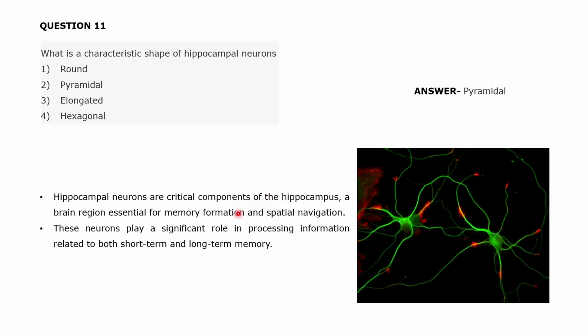Hippocampal neurons are needed for memory formation, learning, as well as navigation, understanding what direction you are going. Memory formation relates to both short-term and long-term memory, and it is used in studying neurodegenerative disorders.